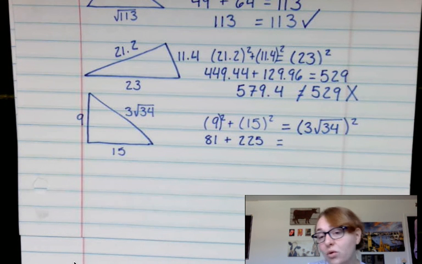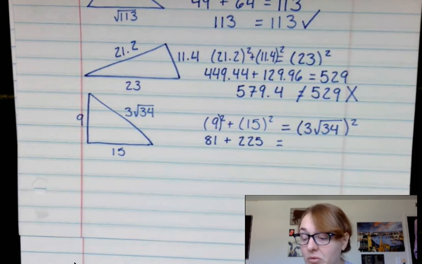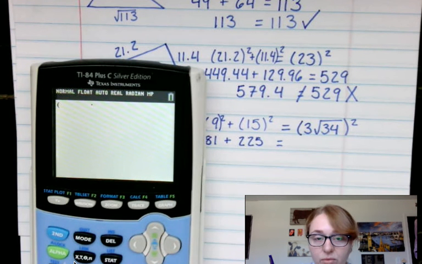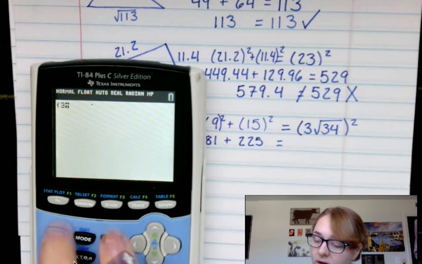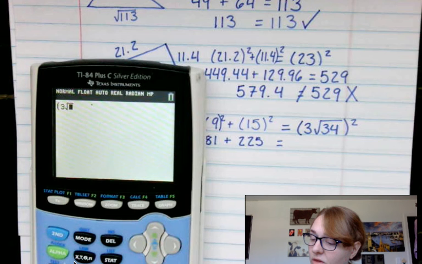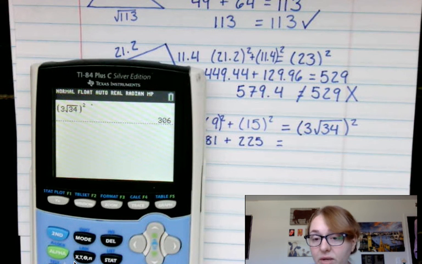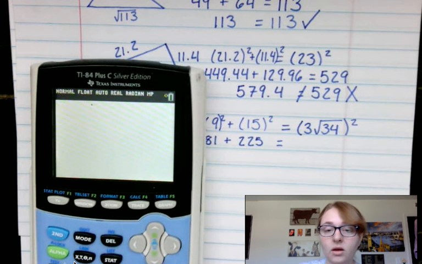Okay, but I am totally fine with problems like this if we want to take a peek at our calculators here and do parentheses. Then our problem here, so 3 root 34, close our parentheses, and then square it to get that 306. Okay?